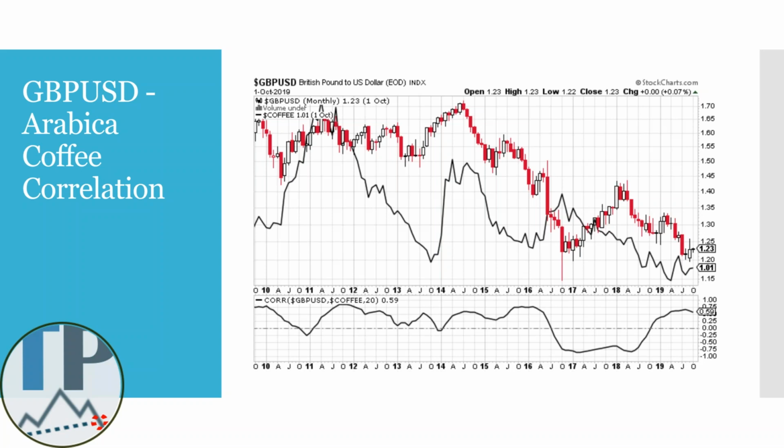I used to promote the Robusta coffee, and Robusta coffee, just for those who might be interested, I'm sure most of you already know, it's a more bitter, higher acidic content coffee.